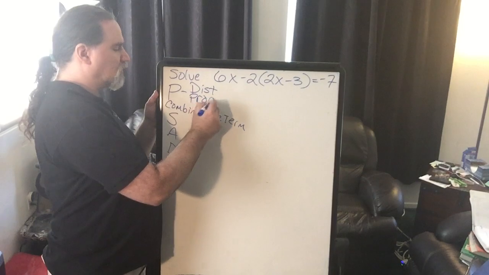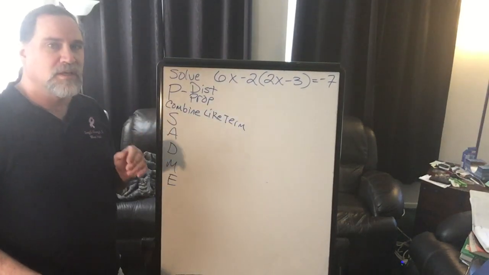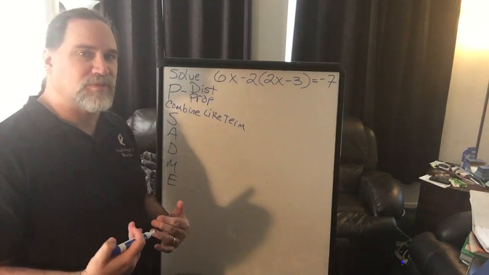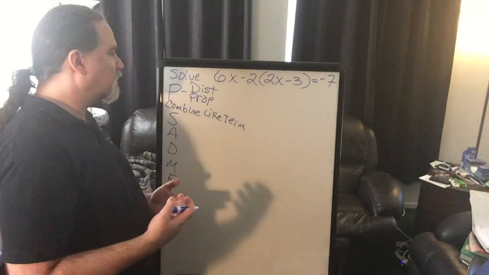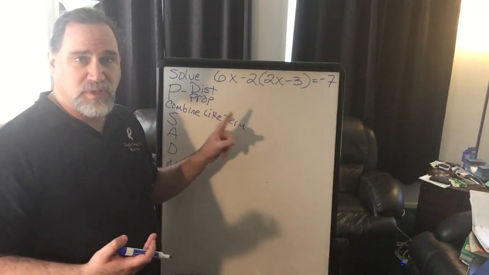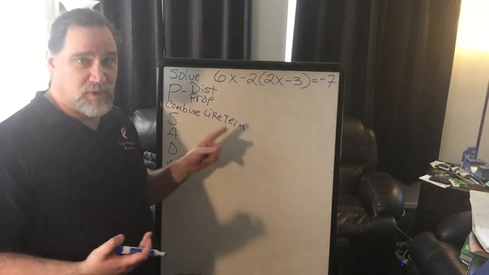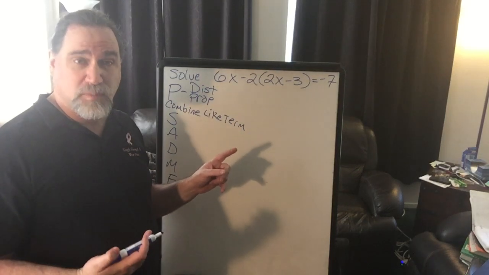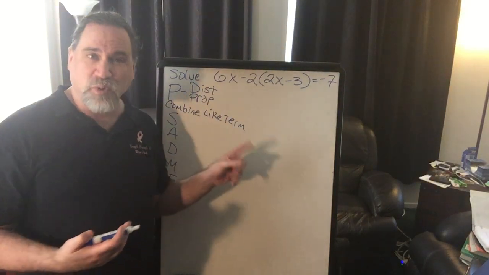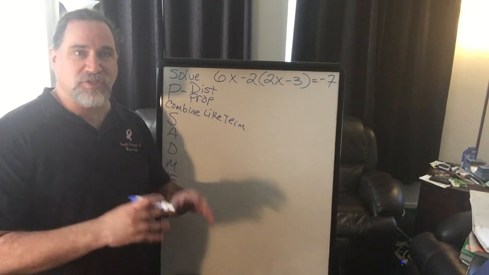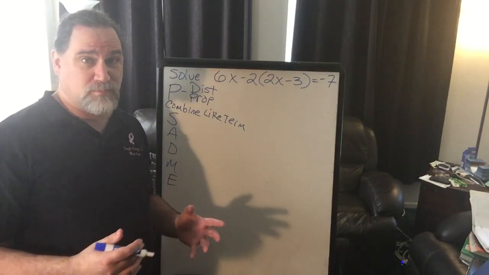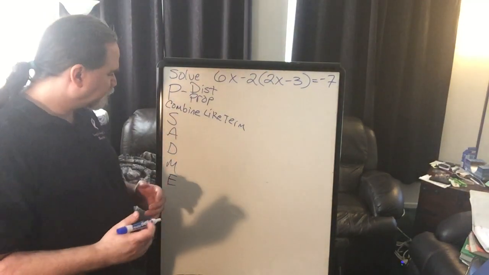That's that rainbow. That's multiplying a number that is outside of a parentheses times all the numbers that are inside the parentheses. And this is going to be a really important one. So that's one of the big deals of this particular problem that makes this one even a little more challenging than maybe just your typical 4-step equation would be.